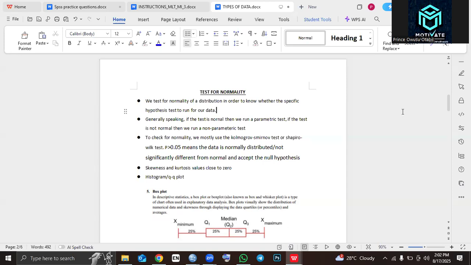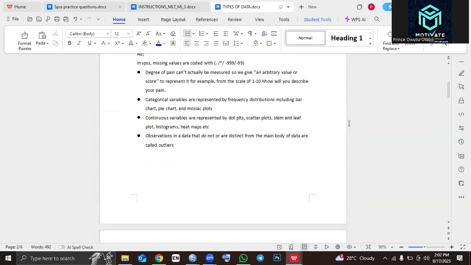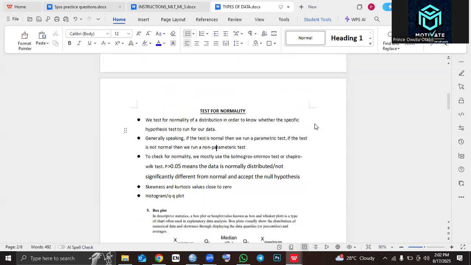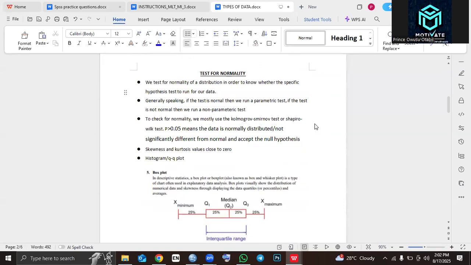I was saying that now we understand the two types of data sets that we can have. Knowing the two types of data sets, in order for us to be able to perform an analysis, we have to know whether that data set is normally distributed or not.